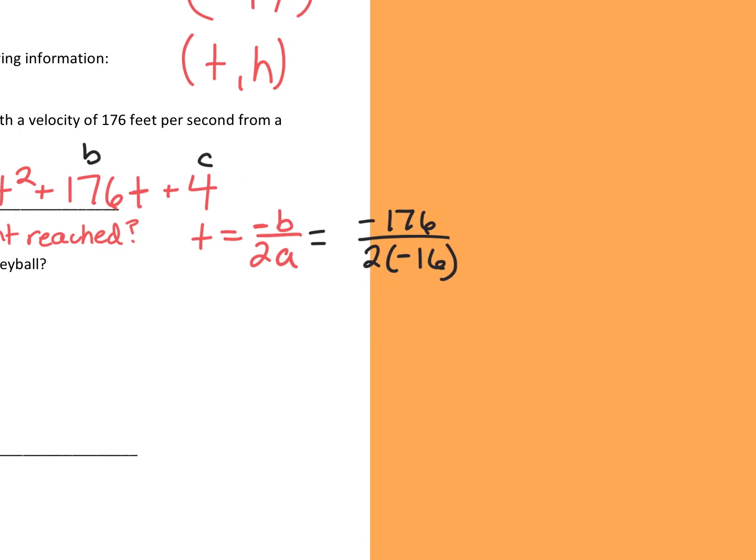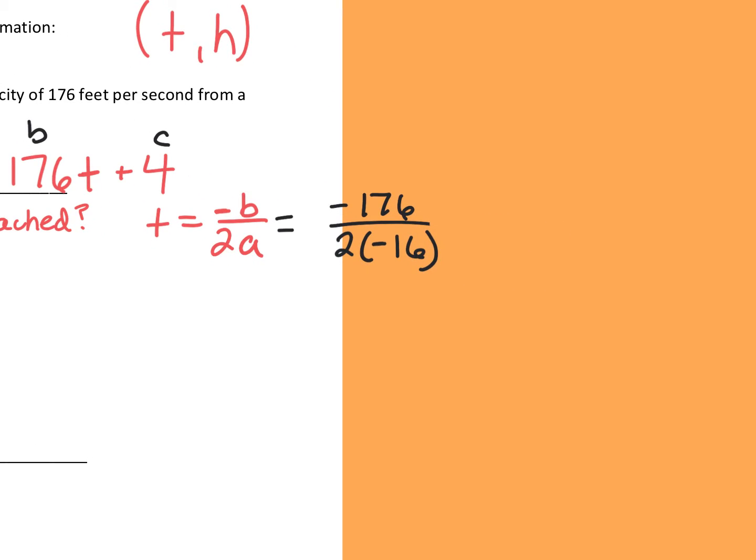Good. And now we just solve that. We've got negative 176 divided by 2 times negative 16, which is negative 32. So type in negative 176 divided by negative 32. Tell me what you got.